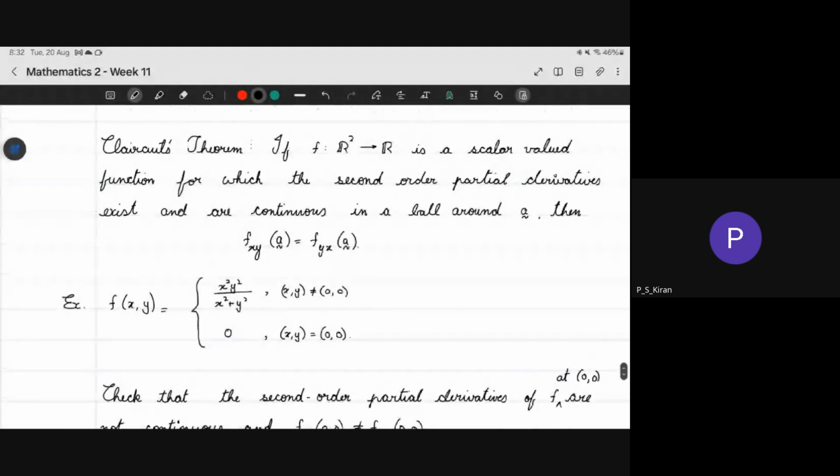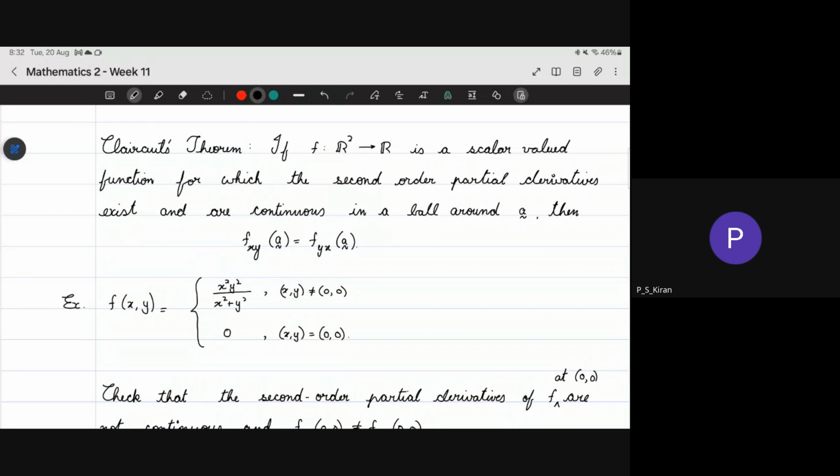Even if you have equality of mixed partial derivatives, give me a few seconds. Maybe you can think of some example quickly.